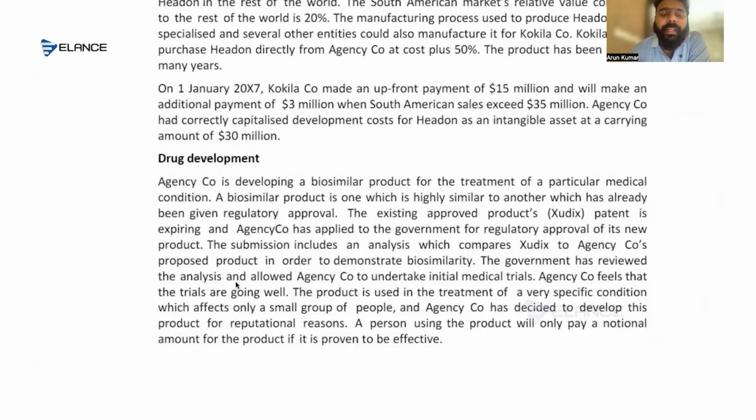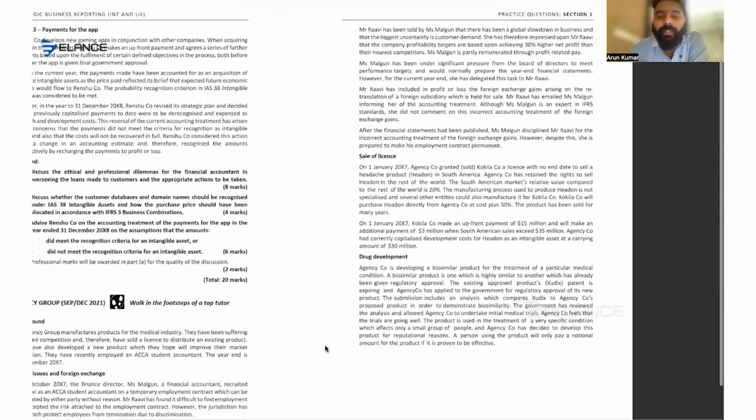The government has reviewed the analysis and allowed the agency to undertake initial medical trials. The agency feels the trials are going well. The product is used in the treatment of very specific conditions which only affect a specific group of people. And the agency has decided to develop the product for reputational reasons. A person using the product will only pay a notional amount for the product if it is proven to be effective.